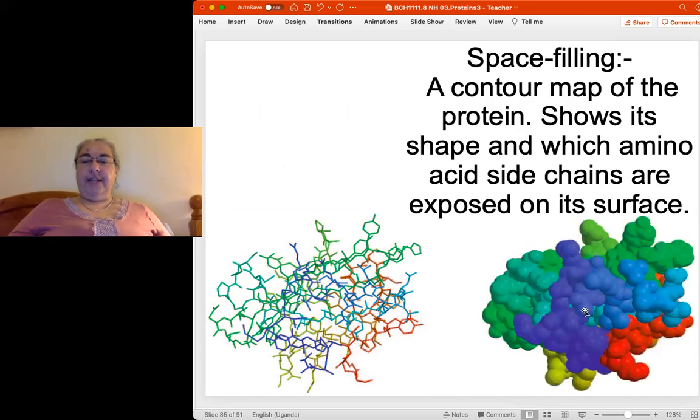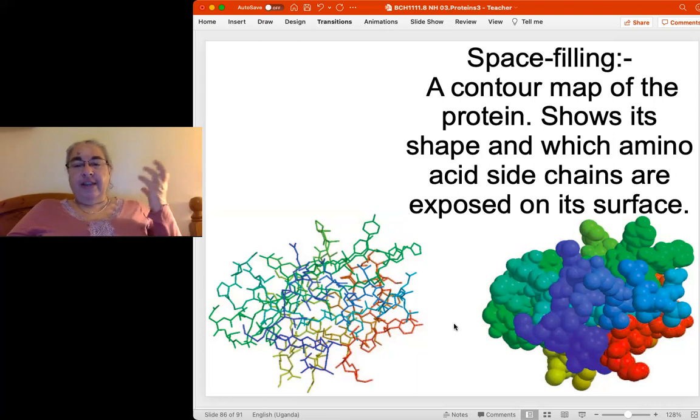And the final type is a space filling diagram. And here the polypeptide chain is almost hidden. You can't see the polypeptide backbone at all. But what you can see is the surface of the protein. So each of the atoms that make up this structure is sort of given its atomic radius, if you like.